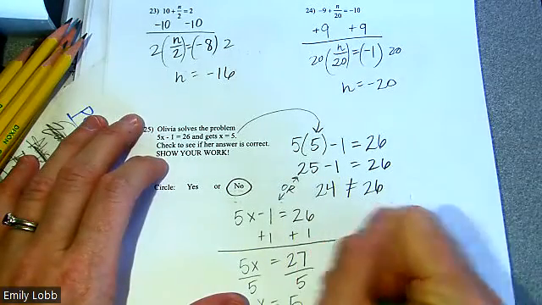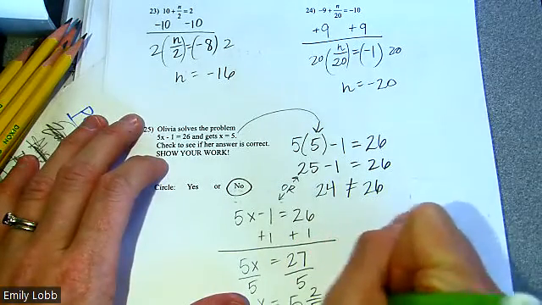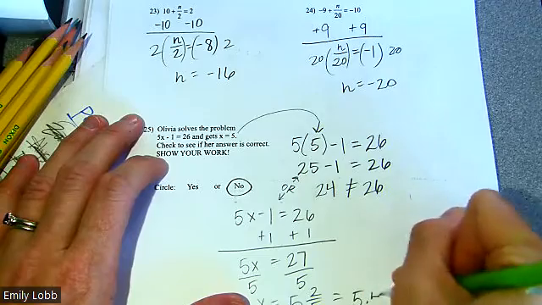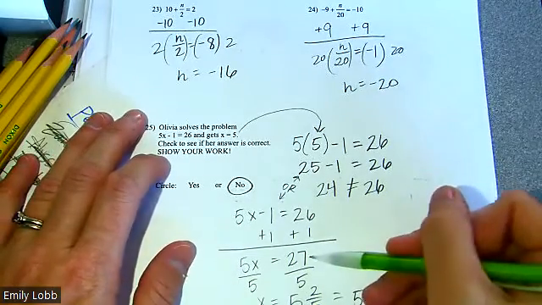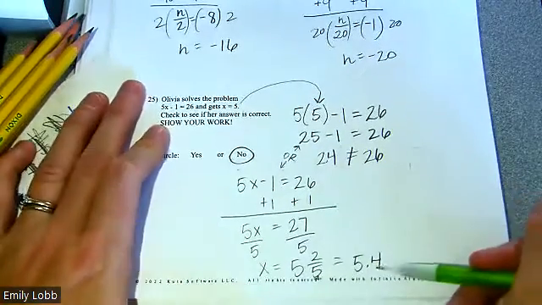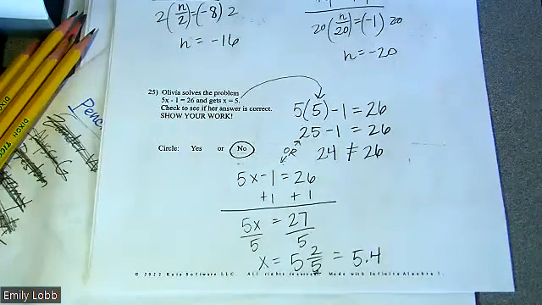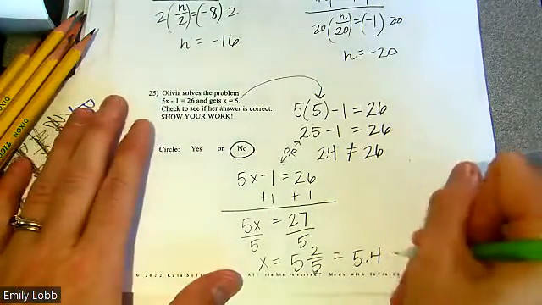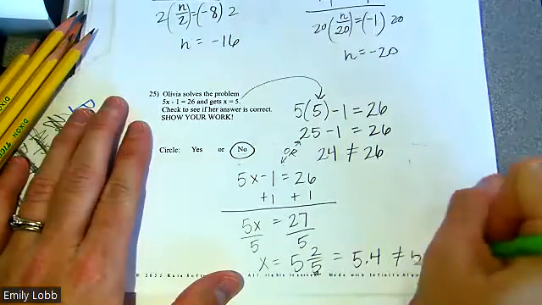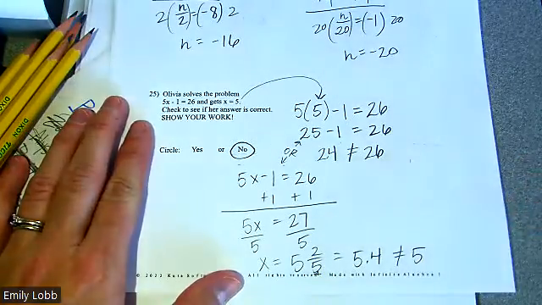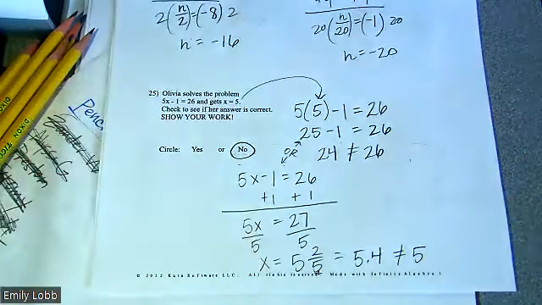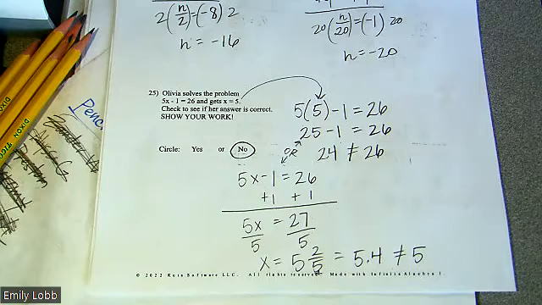Because we would have 5 2/5 or 5.4. If you put it into your calculator, 27 divided by 5 will come out as 5.4, not 5. And you would say that 5.4 does not equal 5, because she said it equals 5.